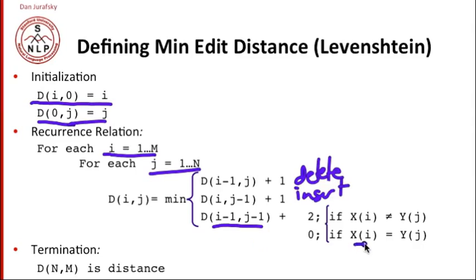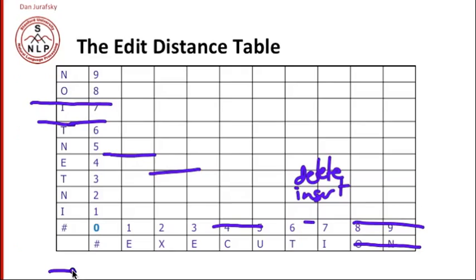If it's the same in both strings, we have a cost of 0. If it's different, we have a substitution cost of 2. And then at the end, the distance between the two strings is simply d of n,m, the upper right corner of the matrix.